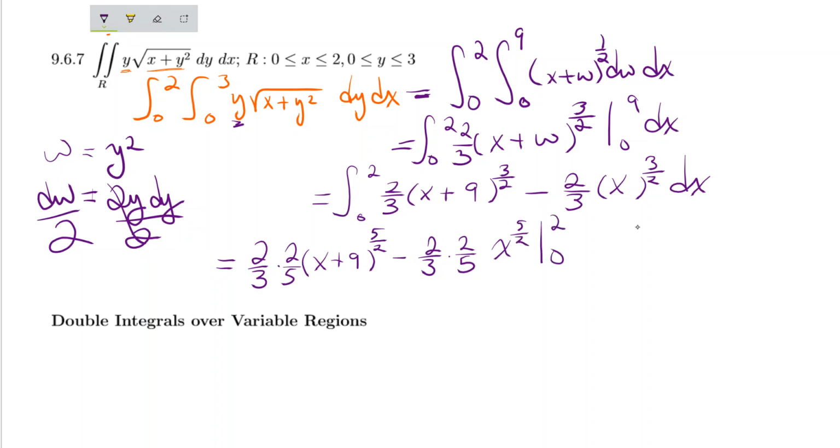Now, for both these, when you put in 0, you're going to get 0. So let's focus on putting in 2. So this is going to be 4/15. Hope you're okay with that. Multiply numerators, multiply denominators. 4/15. When I put in 2 plus 9, that'll give me 11 to the 5/2 minus 4/15. I should have just factored that out since it happened in both of them.